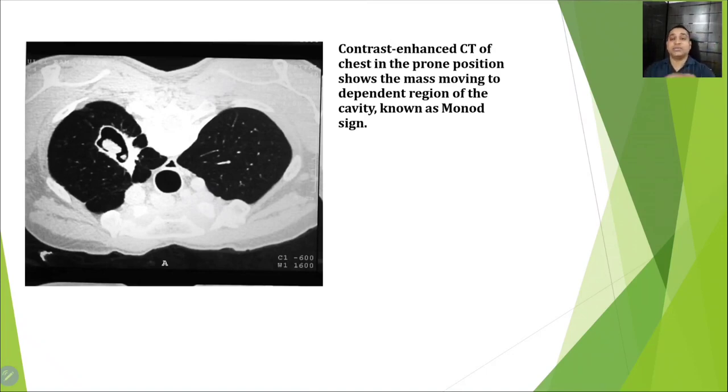There is also a pre-existing cavity and a soft tissue mass present here, and that mass is separated from the wall by a crescent of air. But the difference between these two CT scans is that in this CT scan the mass moves to the dependent portion of the cavity, and this is the specific feature of the Monod sign.